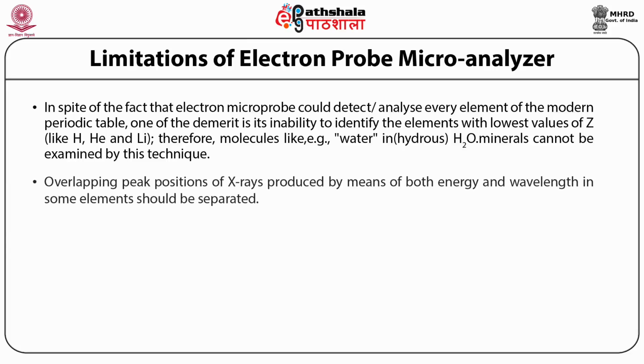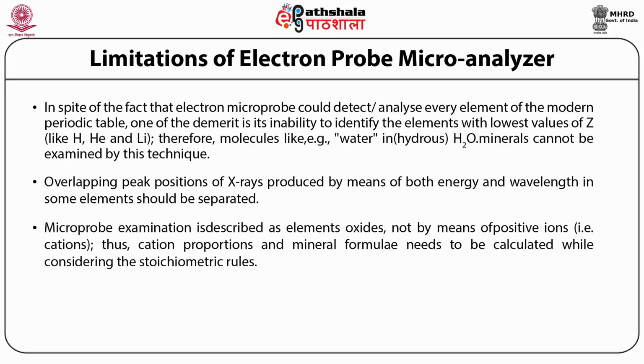Secondly, overlapping peak positions of X-rays produced by means of both energy and wavelength in some elements should be separated. Third, microprobe examination is described as element oxides, not by means of positive ions, that is cations.